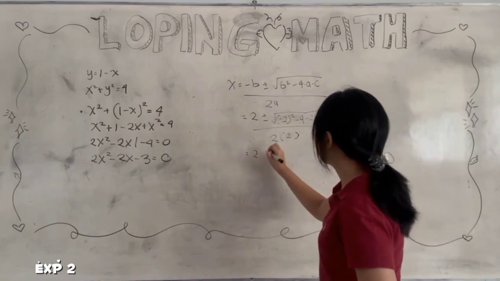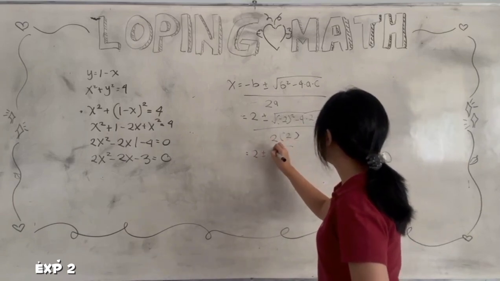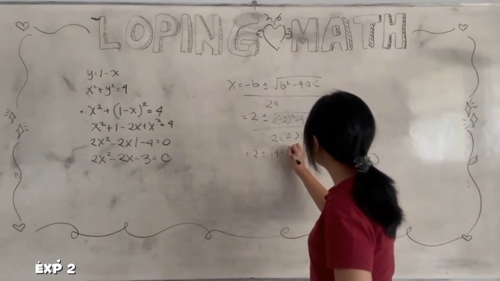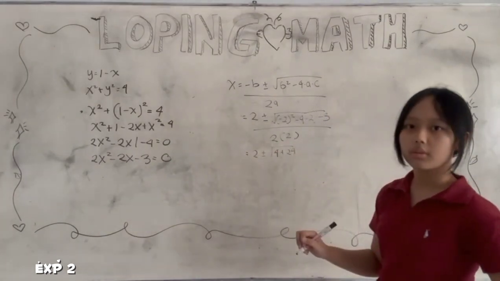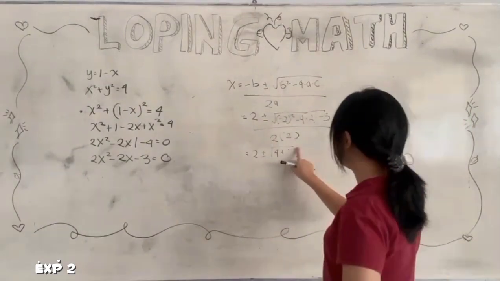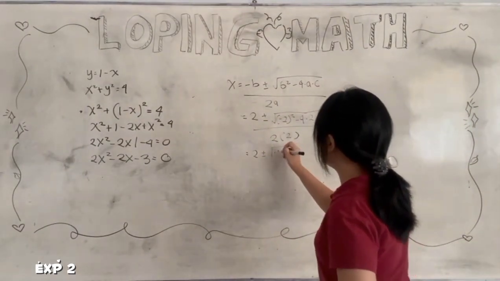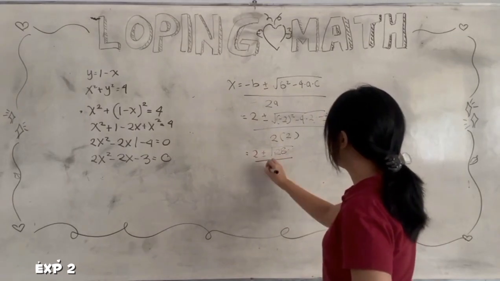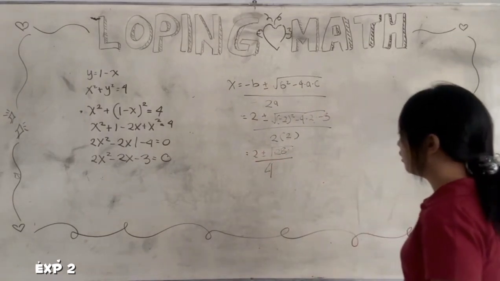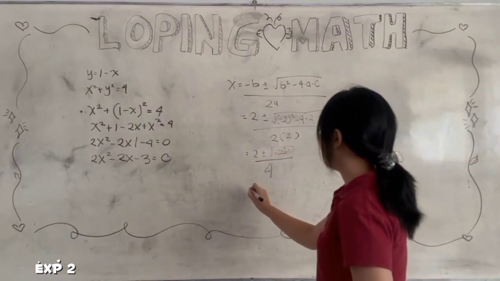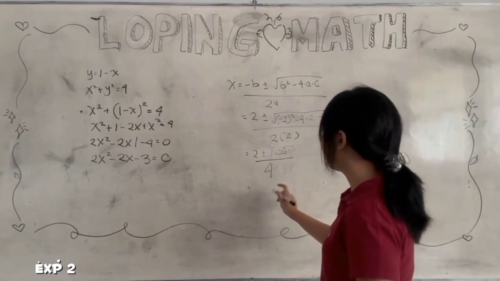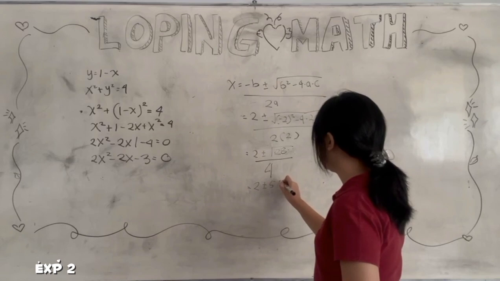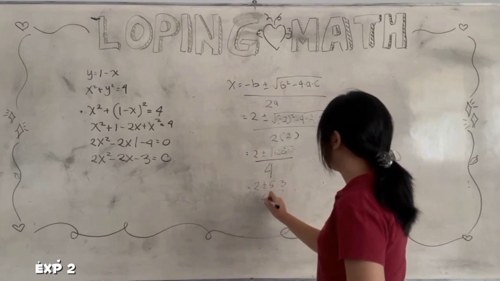And then the result will be 4 plus 24, or we can just simplify this as root of 28 over 4. So the root of 28 will be 5.3 over 4.